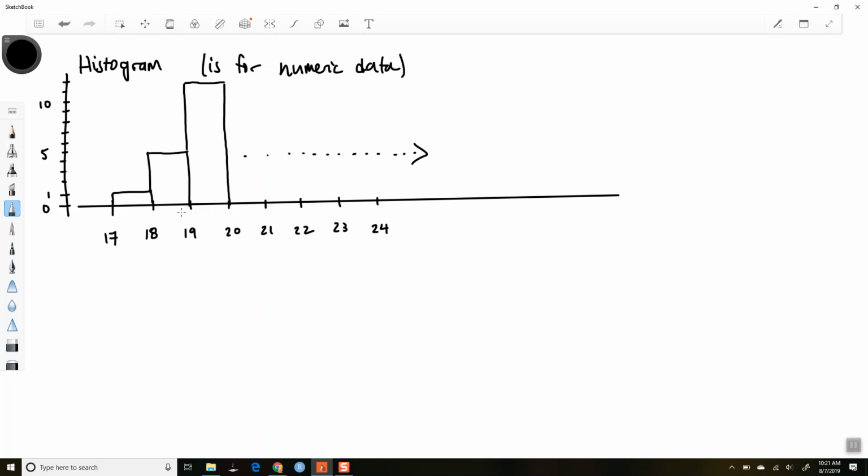And this is how many people who weigh between 110 and 119.9 pounds. And this is the number of people who weigh between 120 and 129.9 and things like that, okay? So that's an advantage that histograms offer over dot plots, is that you can create bins, okay?